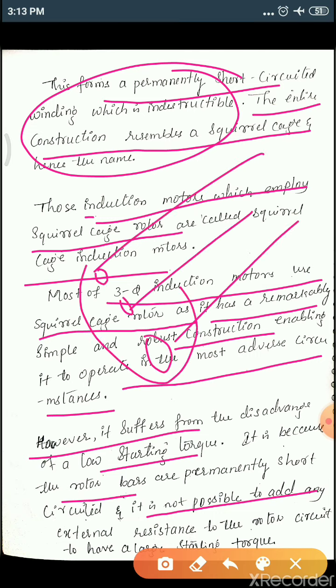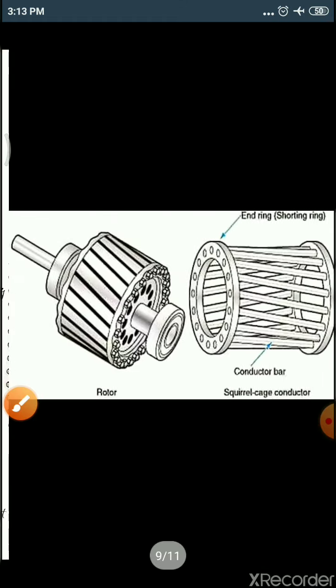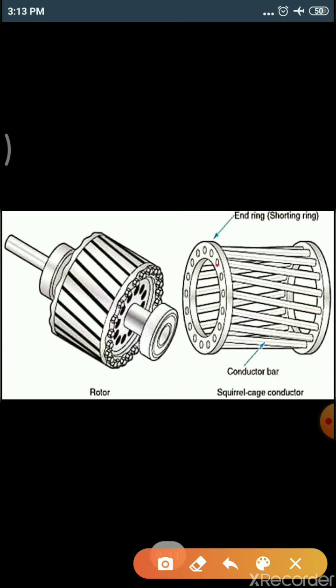So there is no additional or external resistance in the rotor circuit to have a large starting torque. You can see these rotor conductors are placed slightly slanted.